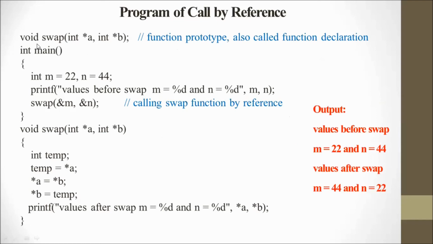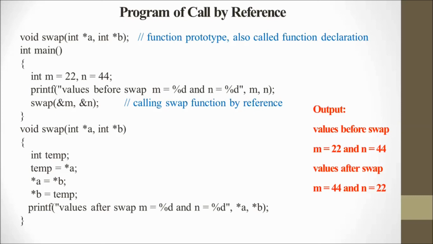So here we declare the function void swap with int. Here this is the pointer. Okay, pointer a and pointer b. So a pointer will store the address of the actual parameter. We will discuss pointers later. We will have a full video about pointers: how to use them, how to declare them, how to call them, something like that.